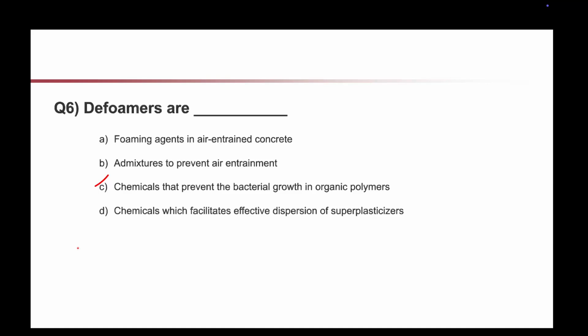Anybody else who thinks some other option is correct? Actually, defoamers are admixtures which prevent air entrainment. From the word foam itself, it is creating a foaming effect, so the other type is used as air entraining admixtures.